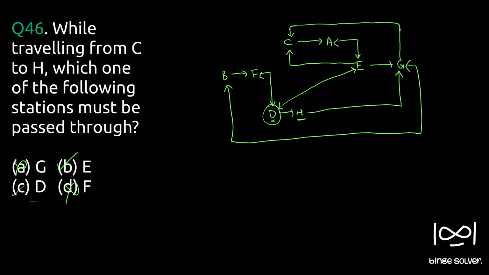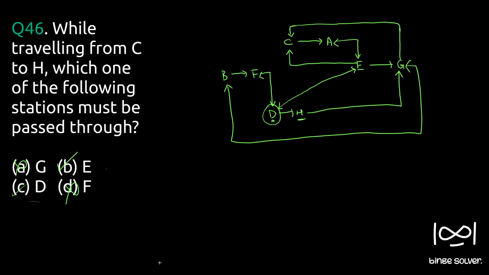If I am wrong, and if you have a reason why D cannot be an answer, please do comment under this video. It will be helpful to others also. And I will try to redo the video if I find a proper explanation why D is wrong. Anyway, the official answer key is option B, E only. So that is question 46.